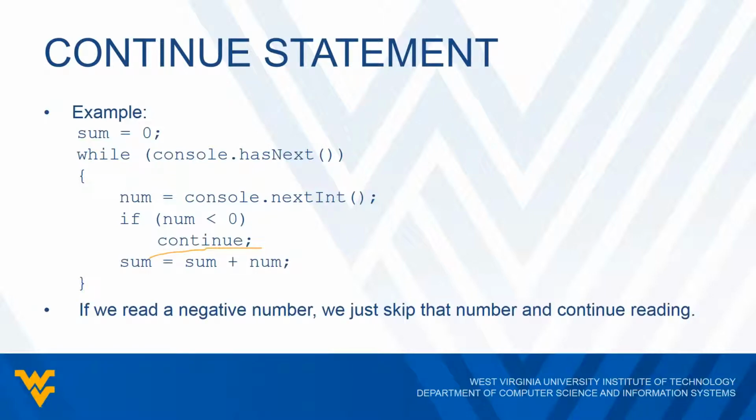So if we read a negative number, we skip what comes afterwards and continue reading. Instead of taking our num and adding it to our sum, we skip all that and go immediately to the beginning of our while loop and run our condition again. So this just skips any negative numbers that we read.